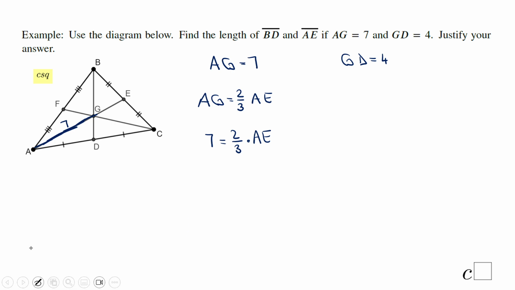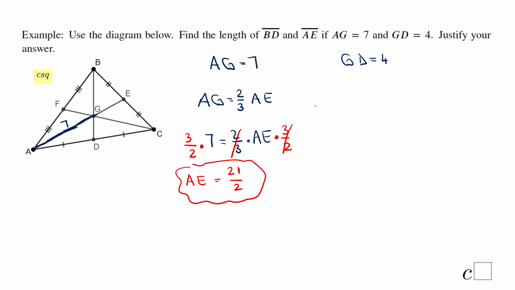I will personally multiply by 3/2, because that will allow me to cancel out these 2/3. So AE will be nothing else than 3 over 2 times 7, that will be 21 over 2, which is a good answer. I will keep it in this format as a fraction.